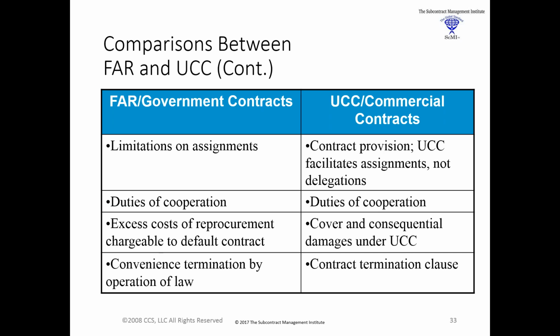And termination for convenience is one of those clauses that actually gets read into a federal contract, whether it's there or not. It's under the Christian doctrine. UCC, the termination for convenience clause, is treated as a breach of contract, entitling the non-breaching party to damages. So again, big conflicts between how the feds would look at something versus how the commercial entities would look at something.